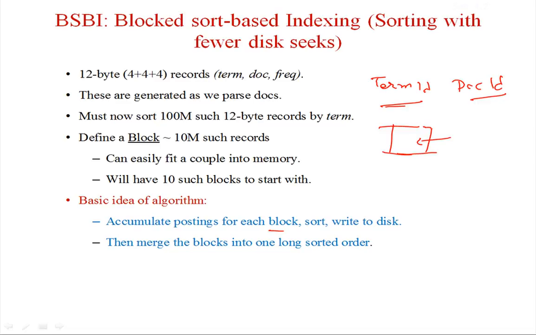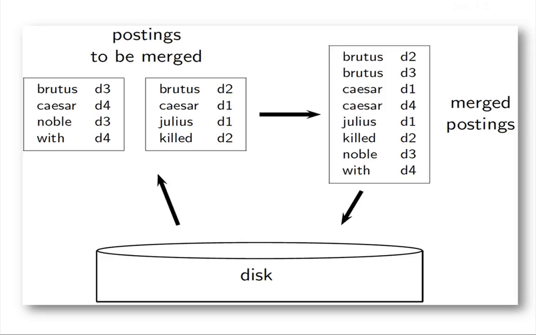The block is then inverted and written to the disk. The inversion is a two-step process. For example, here, this is a memory block. First, we sort the term ID and document ID pairs according to the term.